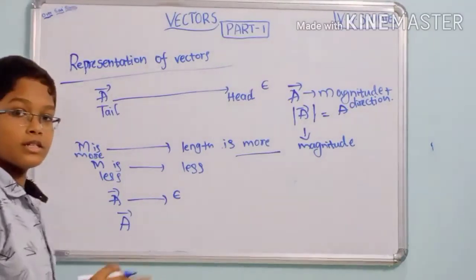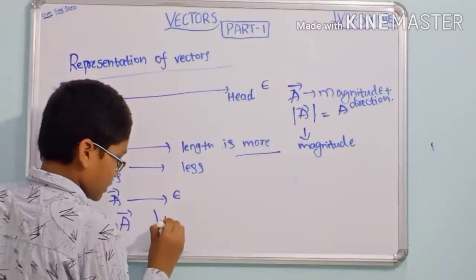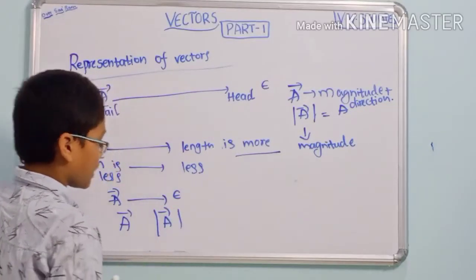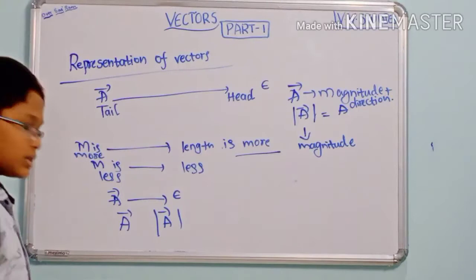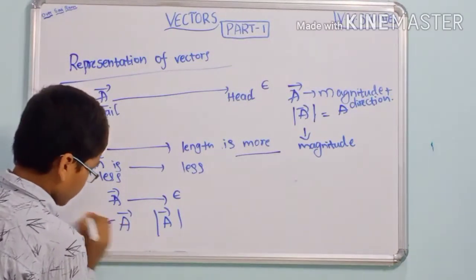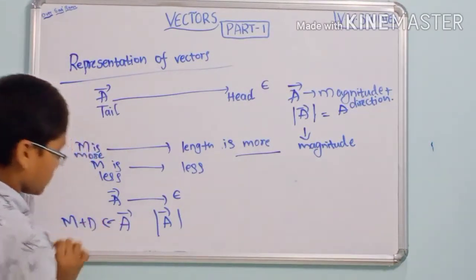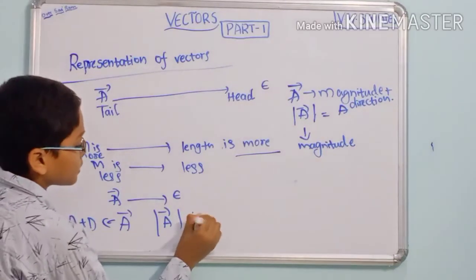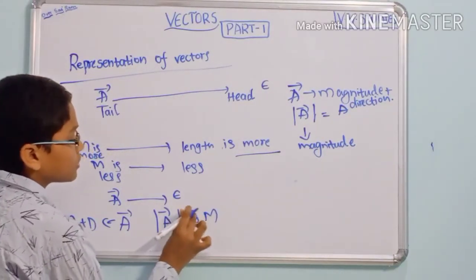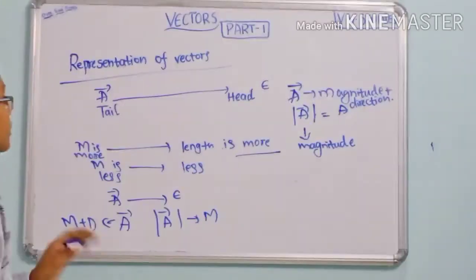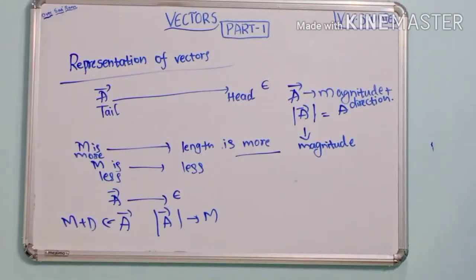A bar is its direction and modulus of A bar is its magnitude. To show you again, I wrote this. Okay. This is magnitude plus direction. This is magnitude. Understood? Please take a look at these ones.